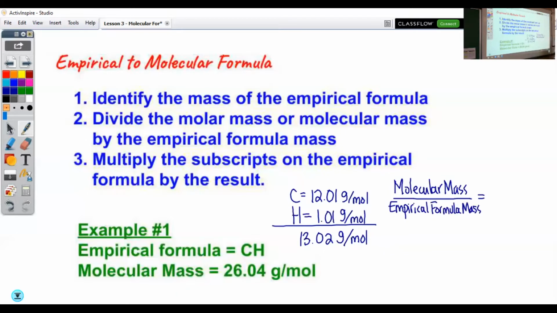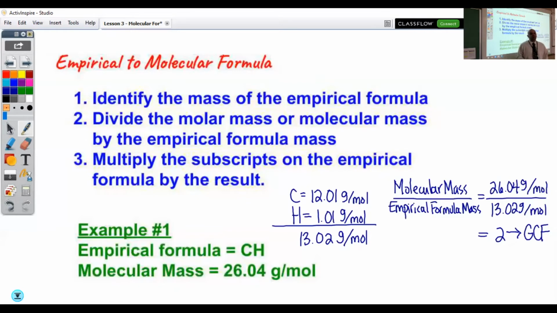In this case, we have 26.04 grams per mole divided by our 13.02 grams per mole that we just calculated, which gives us an answer of 2. That answer is our greatest common factor. We found it using a different means, but that is our greatest common factor.